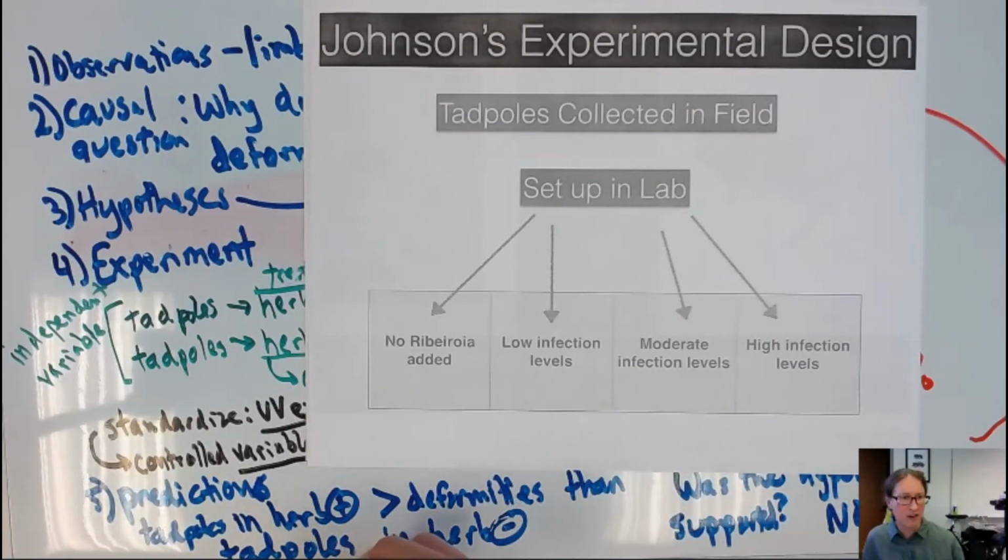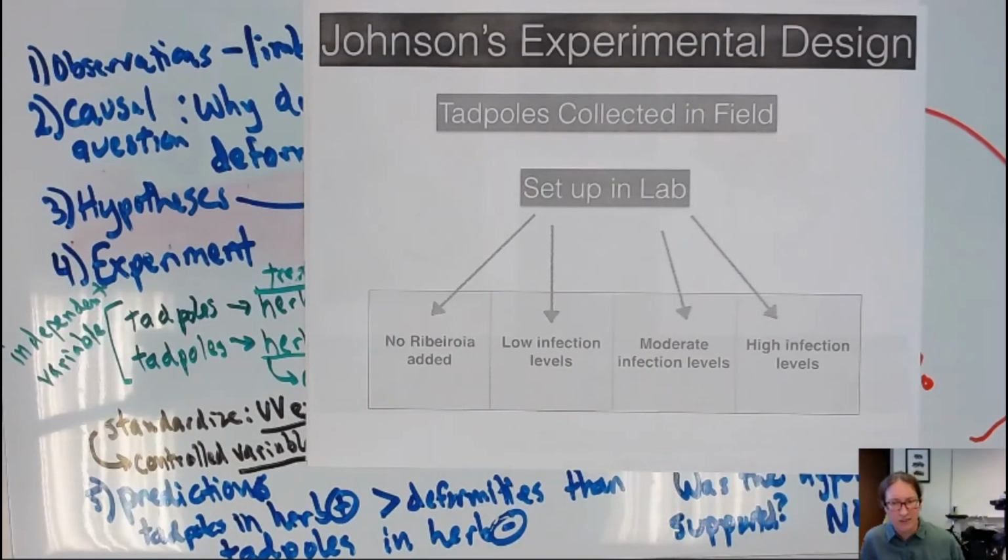So that's his independent variable. He had to do the same thing, think about how to control other factors that could affect the outcome of his experiment. So he had to think about controlled variables, and then he had a dependent variable, the thing that he actually measured at the end of the day.